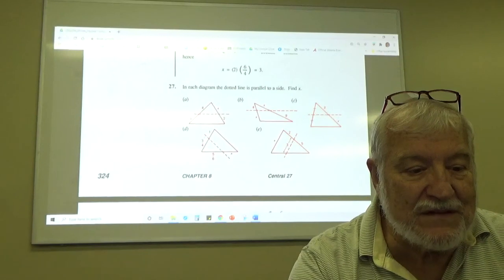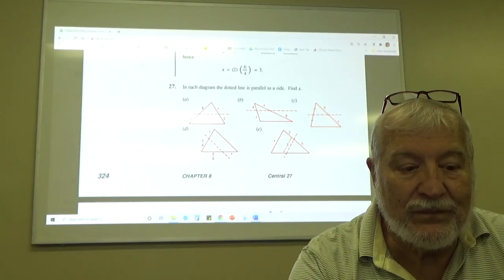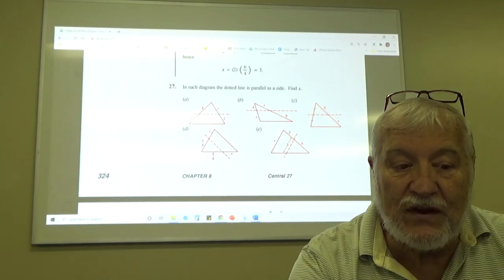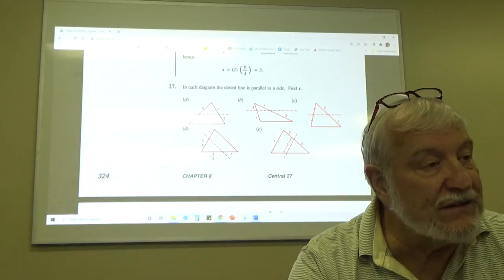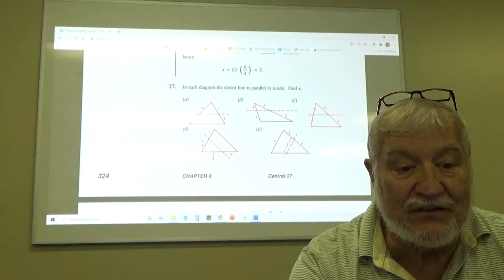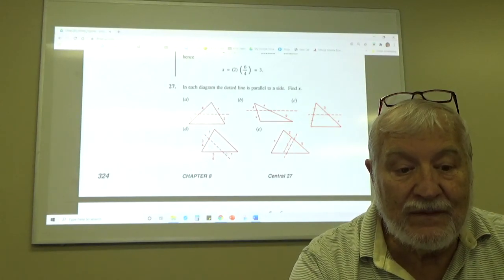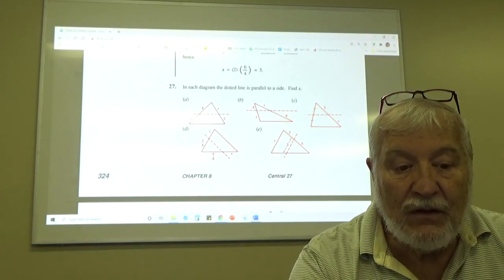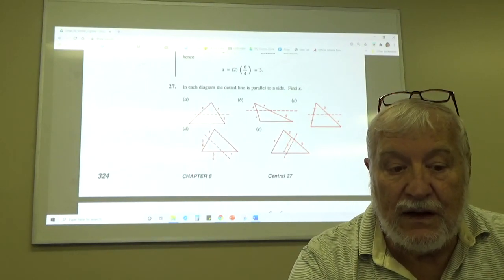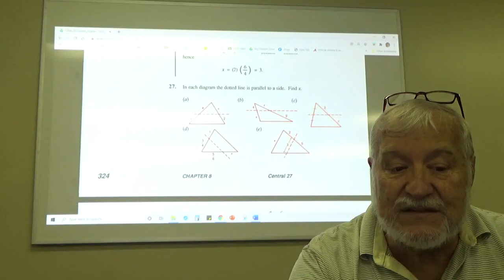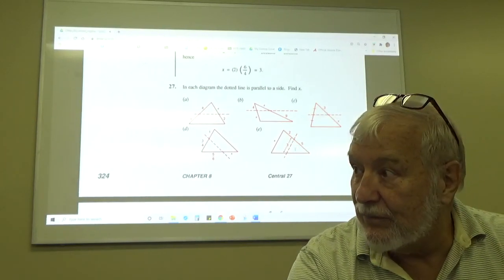All right, what about these? 3/4 and 1 3/4, and then 5/6 and 5/6 plus x. Now, this is where you use the parts. All right, this is the base of the tiny triangle.